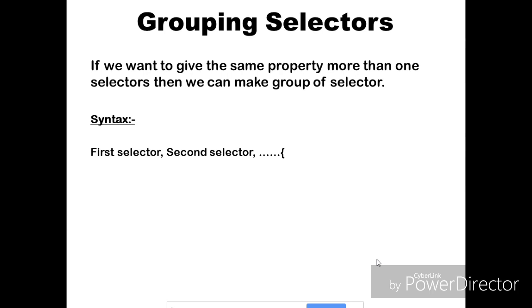First I write the ID name with the hash before it, then a comma, then one space, then the second selector, the class, with a dot and the class name, and after this I write the properties and close the curly bracket. You can understand this by watching the example of grouping selectors.